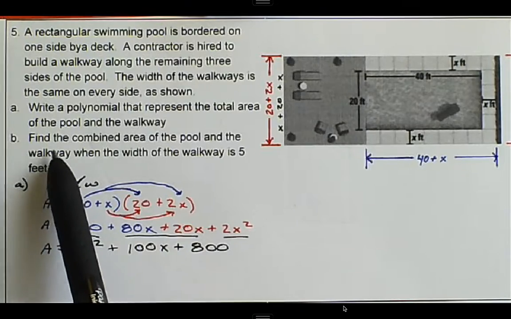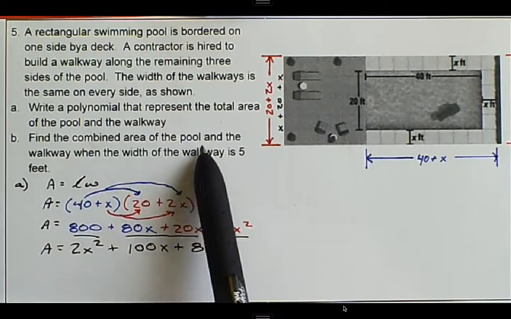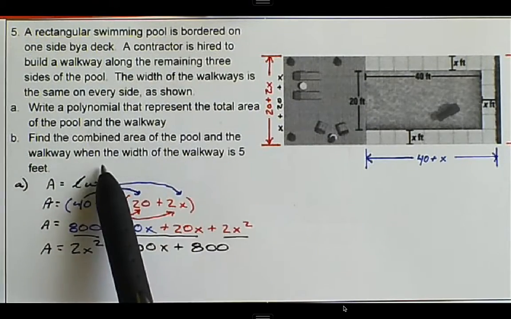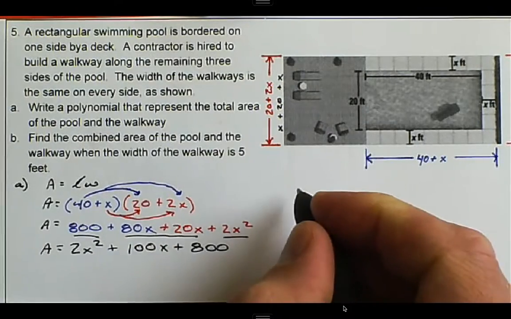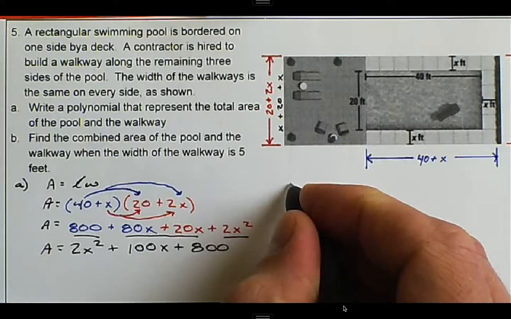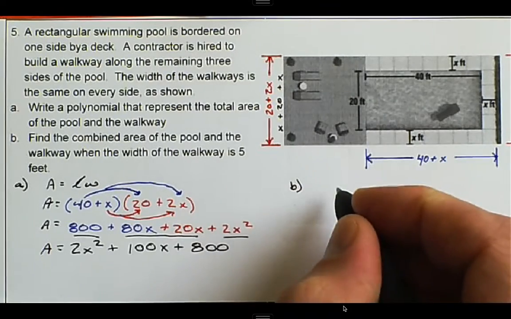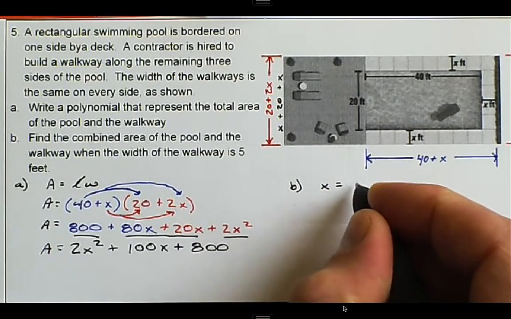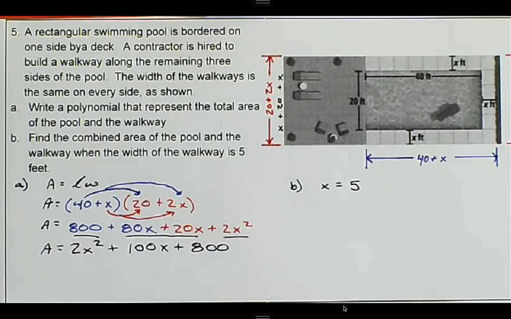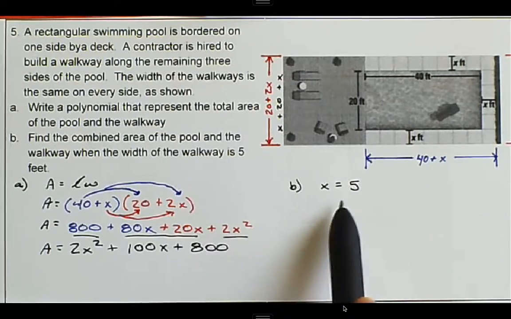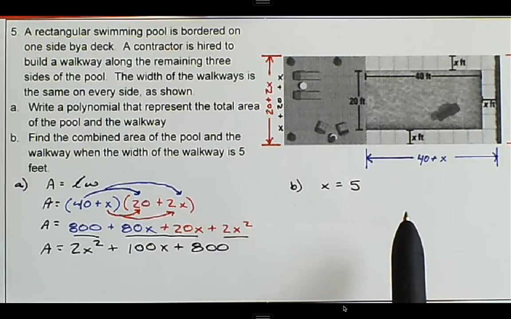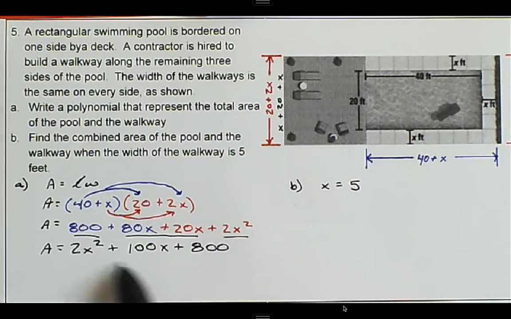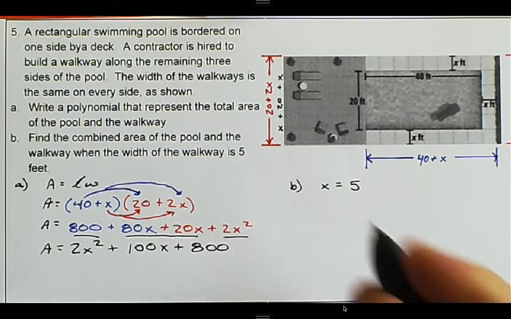Now it says, find the combined area of the pool and the walkway when the width of the walkway is 5 feet. So in this case, we're going to calculate B, and it says that the width, or x value, is going to be 5. So we want to find the area when x is equal to 5, and we can substitute that into our equation down here.